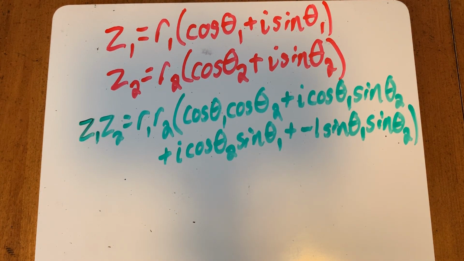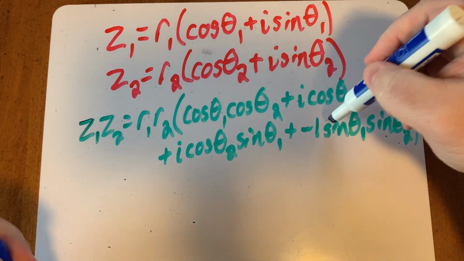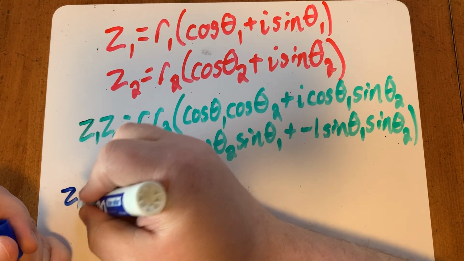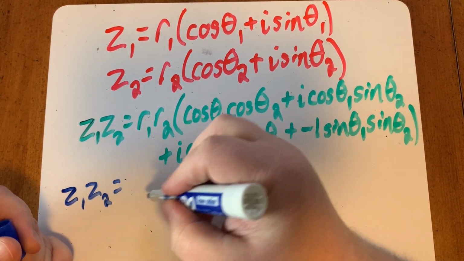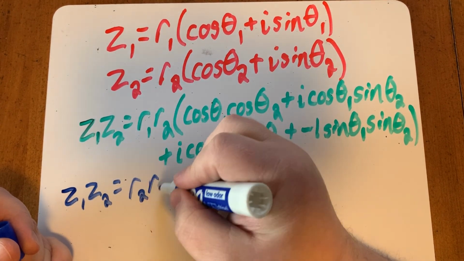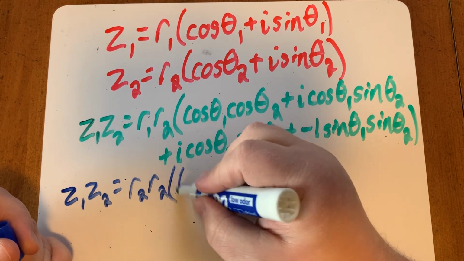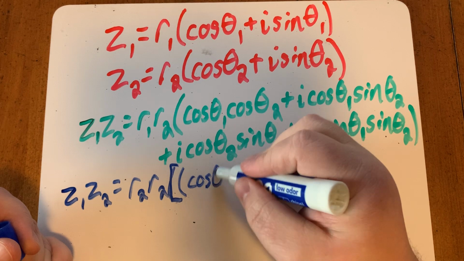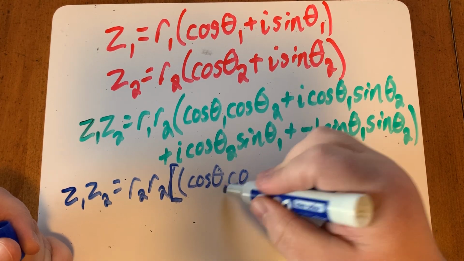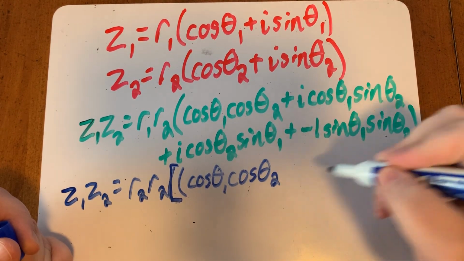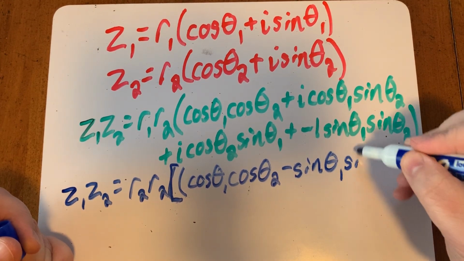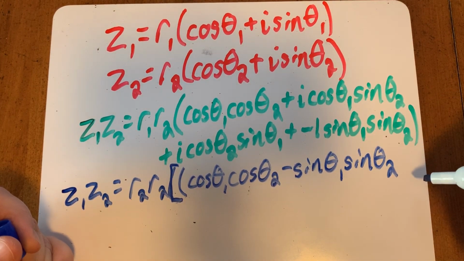So inside here, we have two values without the i and two values with the i. I'm going to group the two without the i's together and group the two with the i's together. Without the i's, it's cosine of theta 1, cosine of theta 2, and then minus sine of theta 1, sine of theta 2.